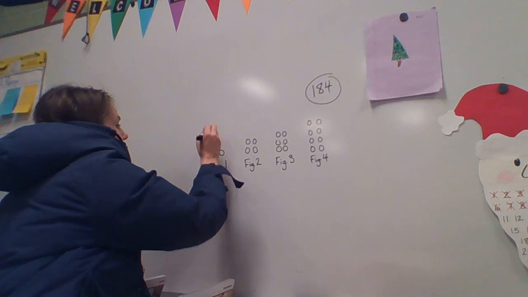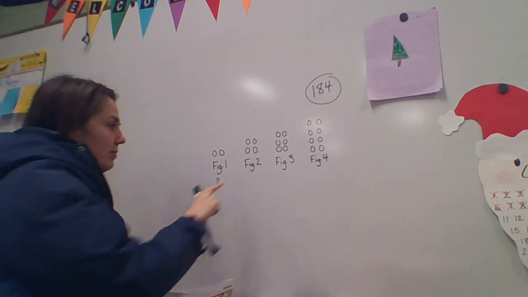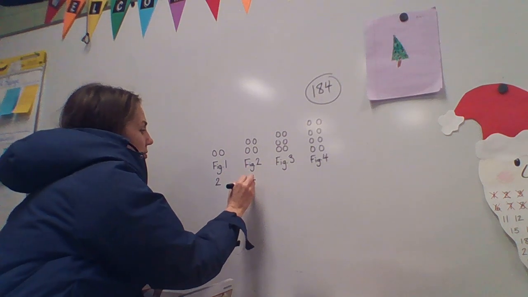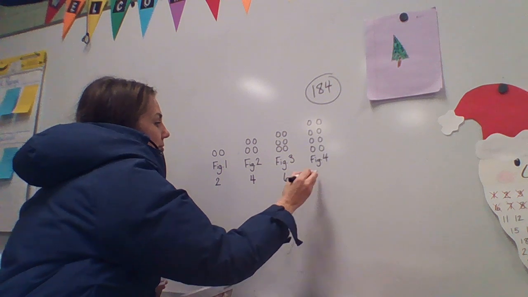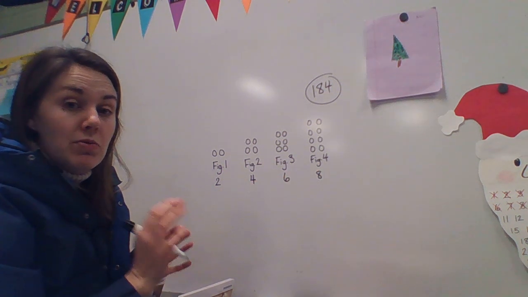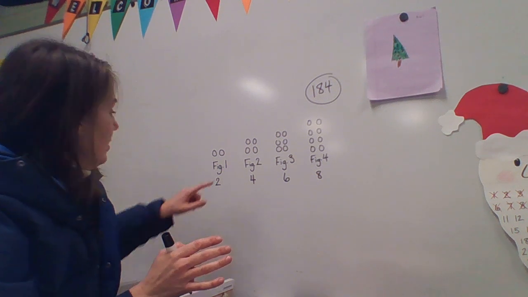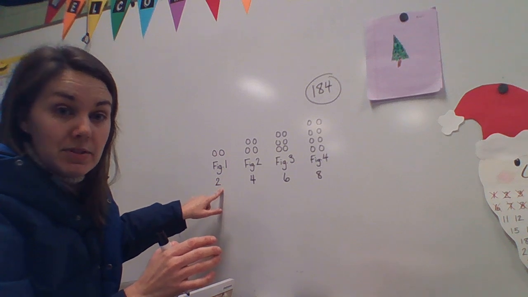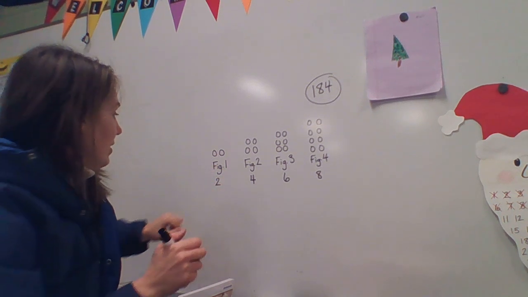So here we have 2 total circles at figure 1. Here we have 4 total circles at figure 2, 6 at figure 3, and 8 at figure 4. Now, if you notice that each of those is like saying you're multiplying the number of the figure times 2, you're noticing a pattern of how we would get our answer, right?